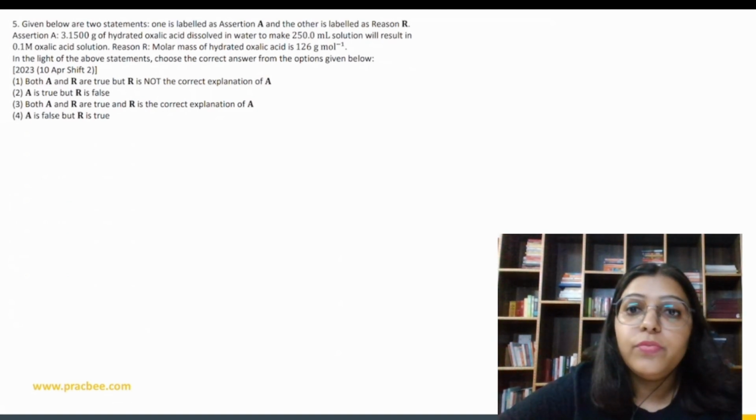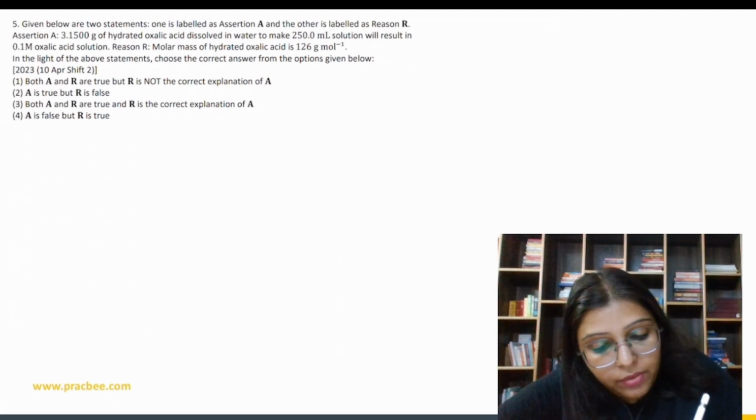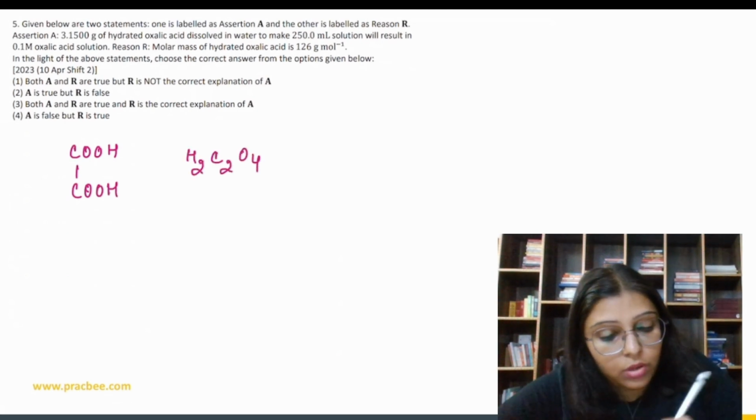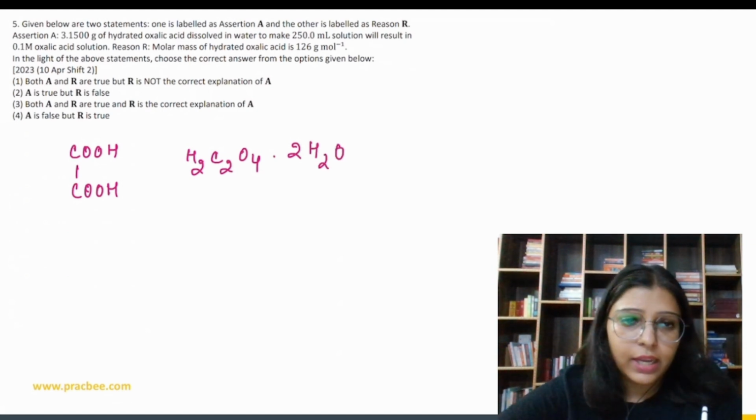Reason R: molar mass of hydrated oxalic acid is 126 gram per mole. Oxalic acid is a dicarboxylic acid, we can also write this as H2C2O4, or we can say with 2H2O. This is one of the hydrated forms of the oxalic acid, right?